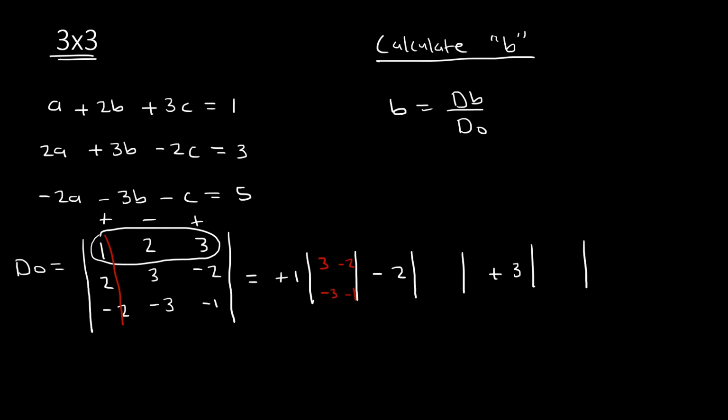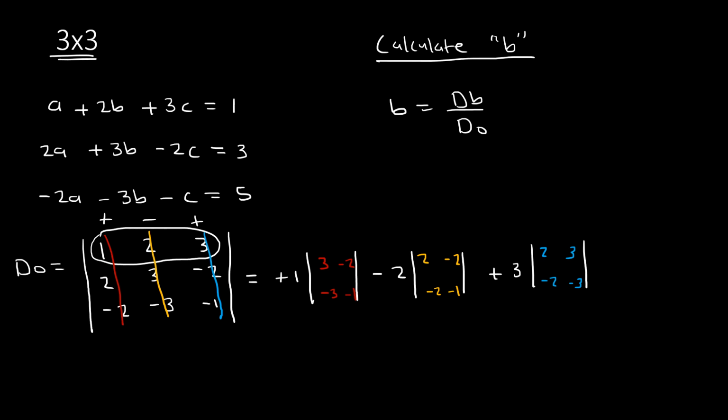If I cancel row 1 column 2, I'm left with 2 minus 2, minus 2 minus 1. If I cancel the last one, I'm left with 2, 3, minus 2, minus 3.